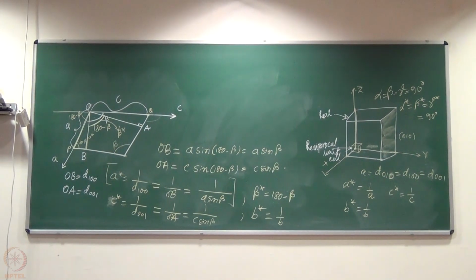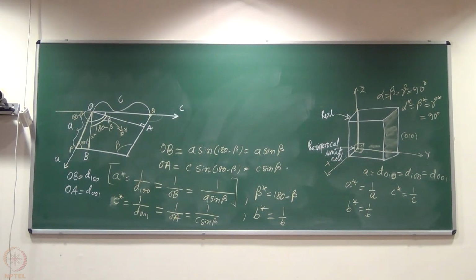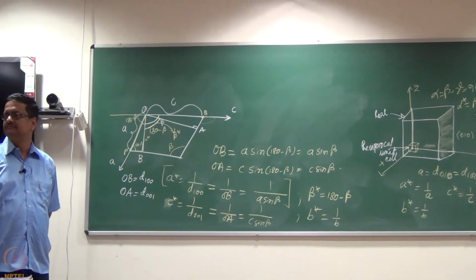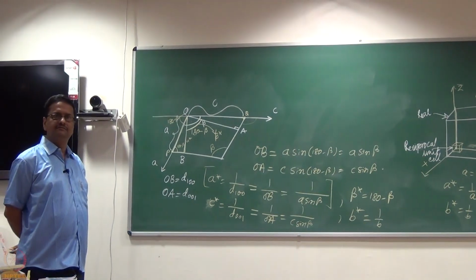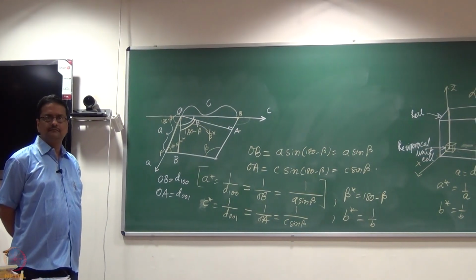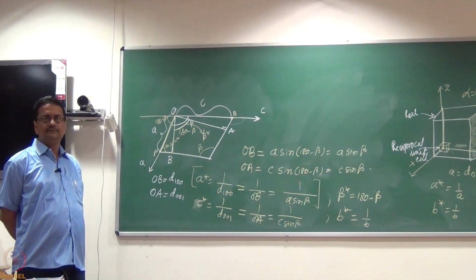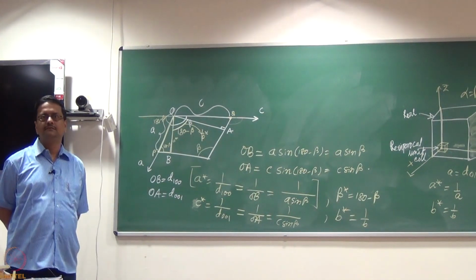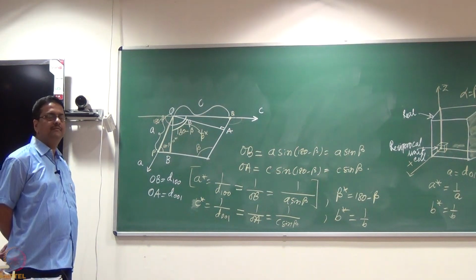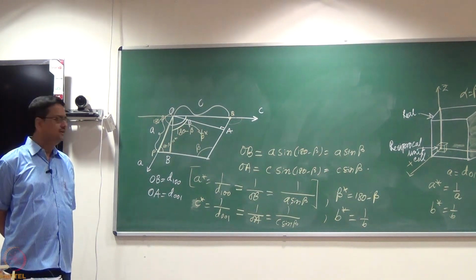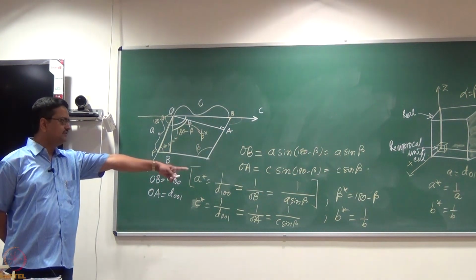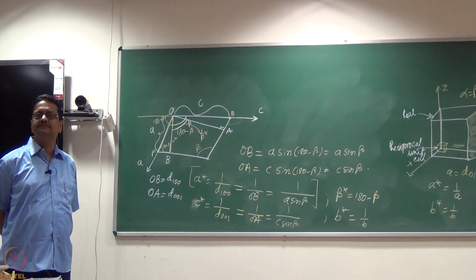Right? So now you can imagine, if I have to do it for triclinic, what will happen? The angles are alpha, beta and gamma. So each of these terms will have at least two sine terms.